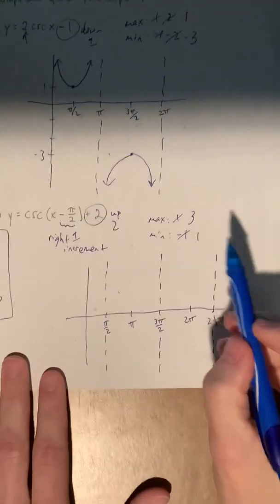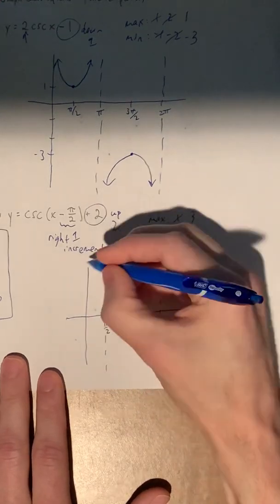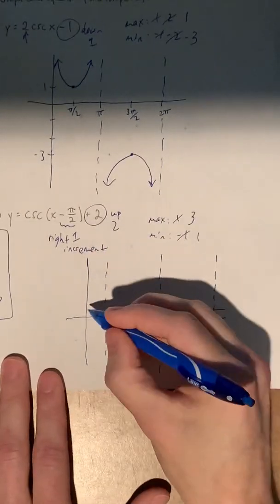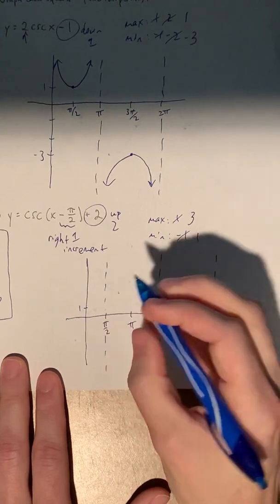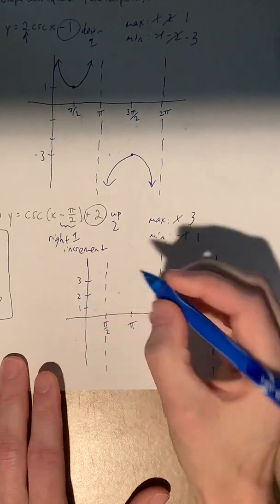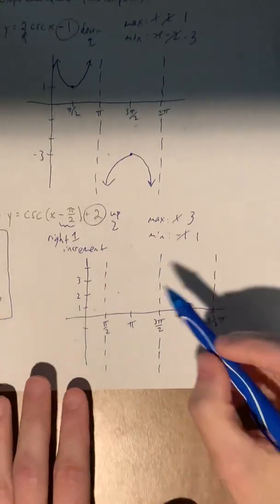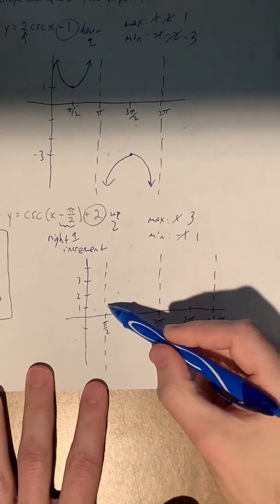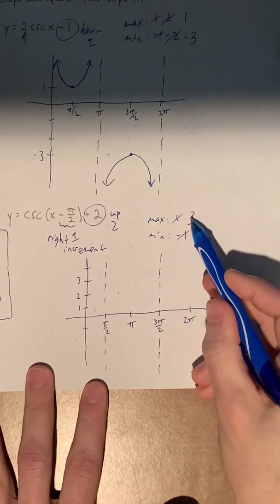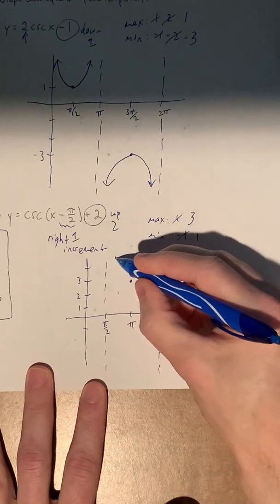All right, now our max is 3, our min is 1. So 1, 2, 3. All right, your normal curve between the first two asymptotes is still here. A point at 3. And then you can make your curve.